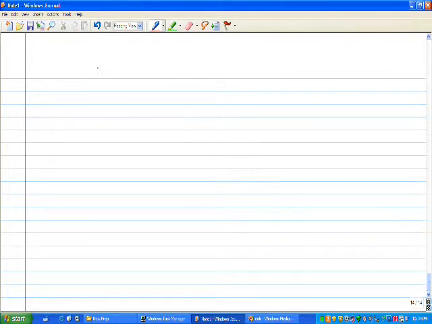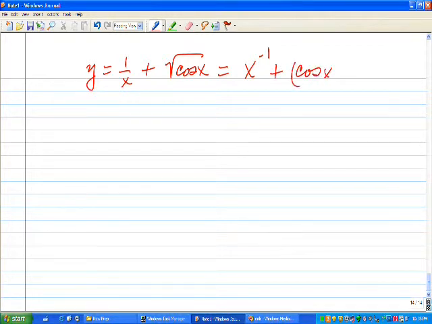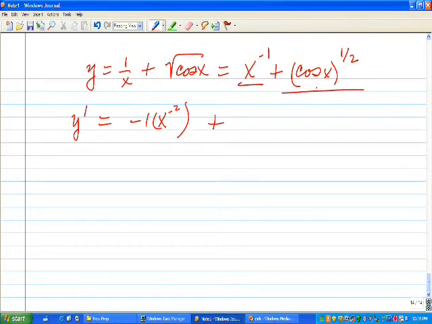Another example, suppose y equals 1 over x plus the square root of cosine of x. And let's rewrite that as x to the minus 1 power plus cosine of x to the 1/2 power. Taking the derivative of each of these components separately, the derivative of the first term will be minus 1 times x to the minus 2, plus the derivative of the second term, the cosine of x to the 1/2.